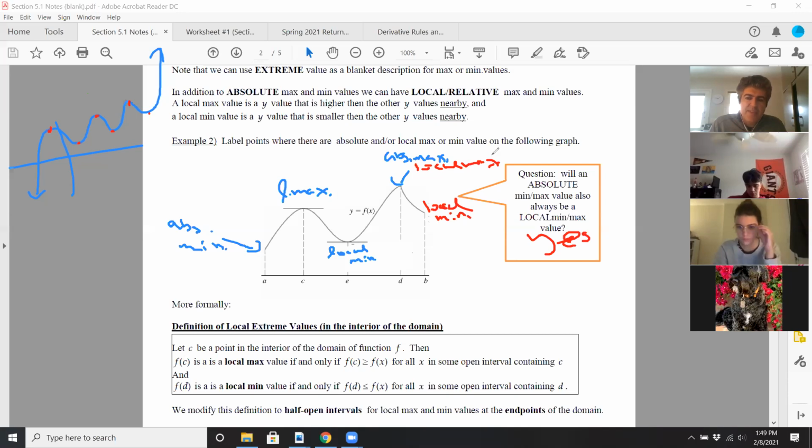If you're one of the top players in California, one of the top players in the United States, you're probably going to be top in CCS also, I'd assume. So it's just like an extra designation when you're an absolute. So absolute maxes are local maxes, absolute mins are local mins, just so you know.